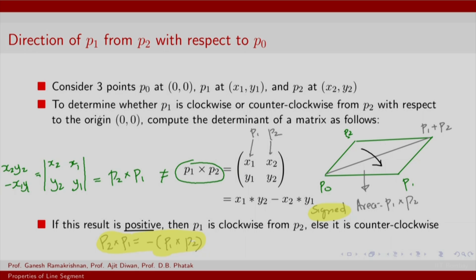On the other hand, you can verify that the sign of P2 cross P1, which is exactly the negative of P1 cross P2, is negative. So what this says is that while P1 is clockwise from P2, P2 is counterclockwise from P1.